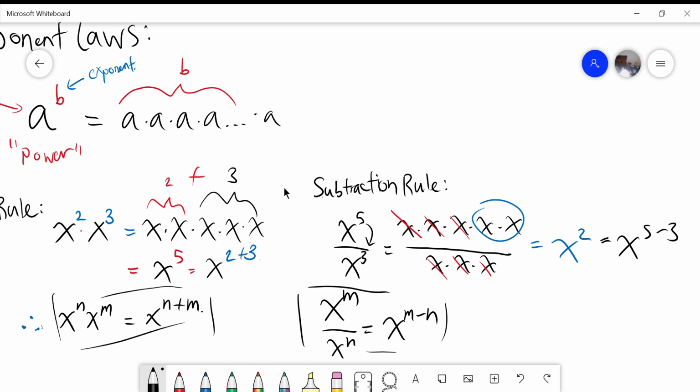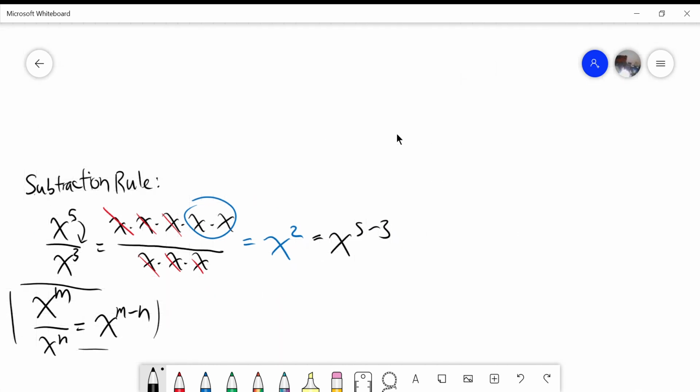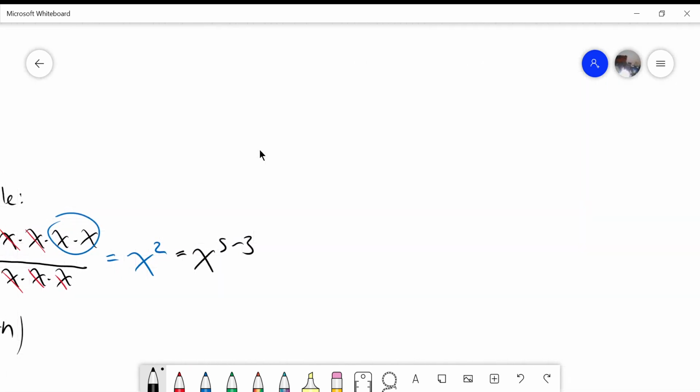Okay, now we will take a look at negative exponents. Negative exponents. So what do we have?